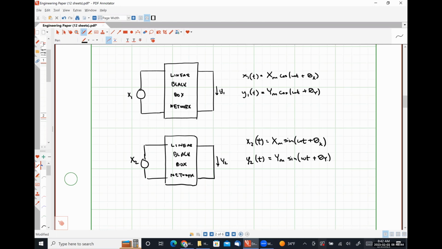So what if I scaled my input by a factor of j? It's an imaginary number, but it doesn't change with time or anything like that. My output should scale by the same thing.